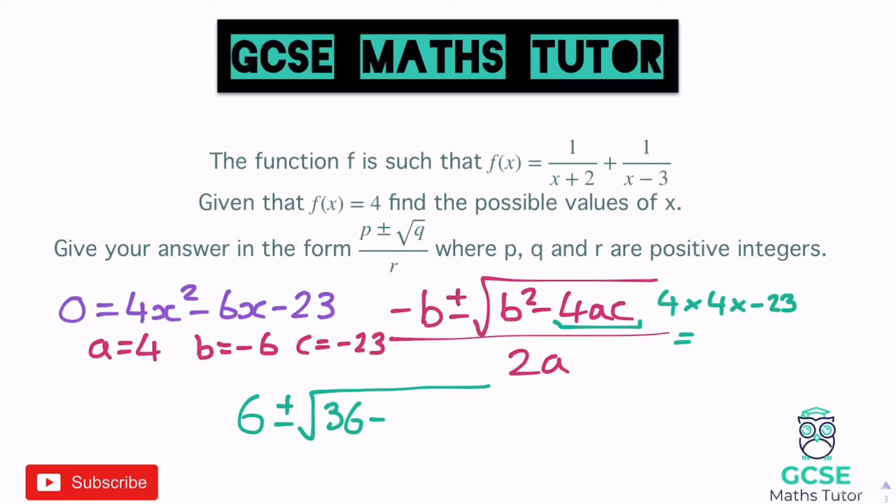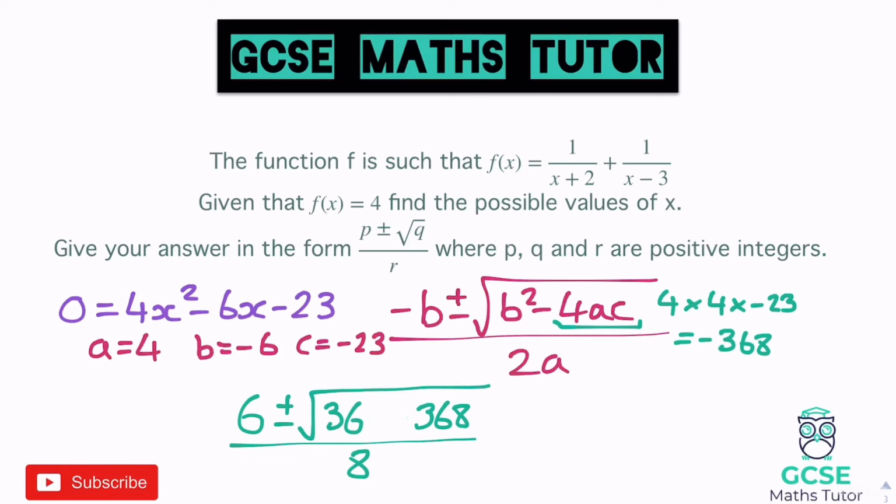So that's minus 368. So we've got 36, take away negative 368, and that's all over 2a, and 2 times 4 is 8. Now one thing we can sort right in the middle there, we've got taking away negative 368, so we've got those two minuses, so let's turn that into a plus.